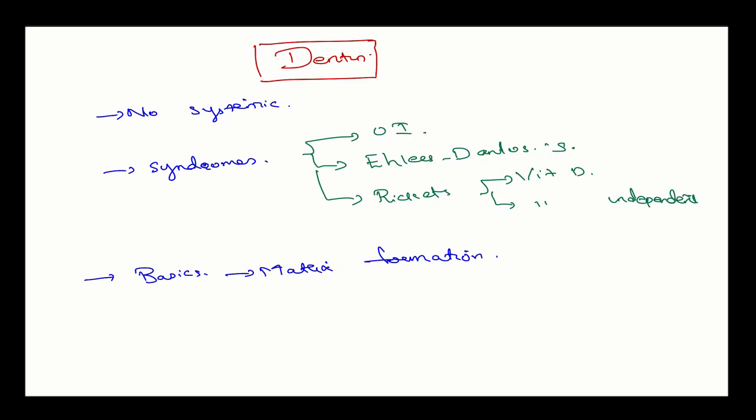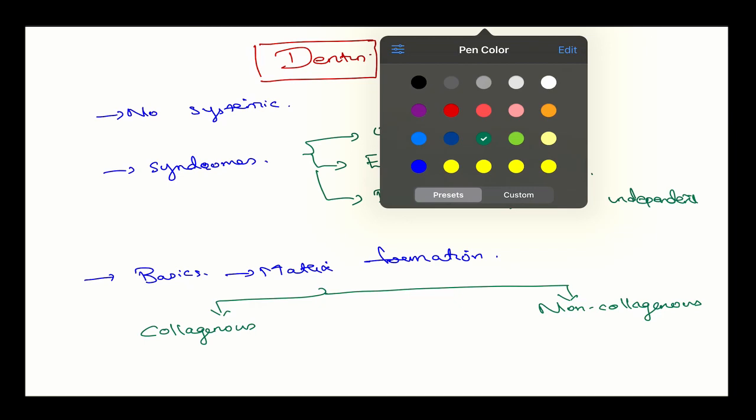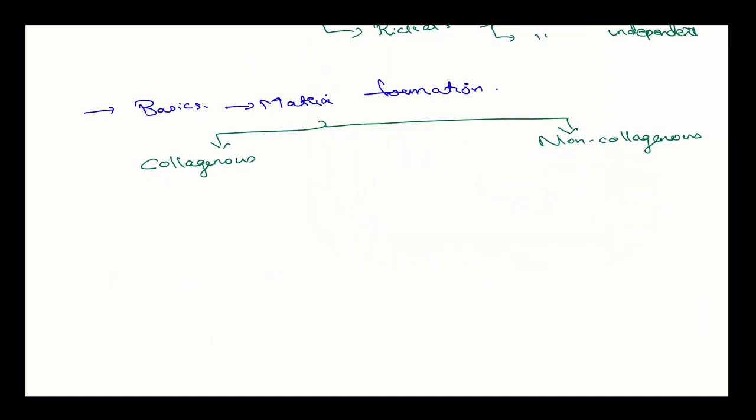When we consider the matrix in dentine, we can divide it into two parts: one is collagenous matrix, and the second is non-collagenous matrix. Collagenous means collagen.